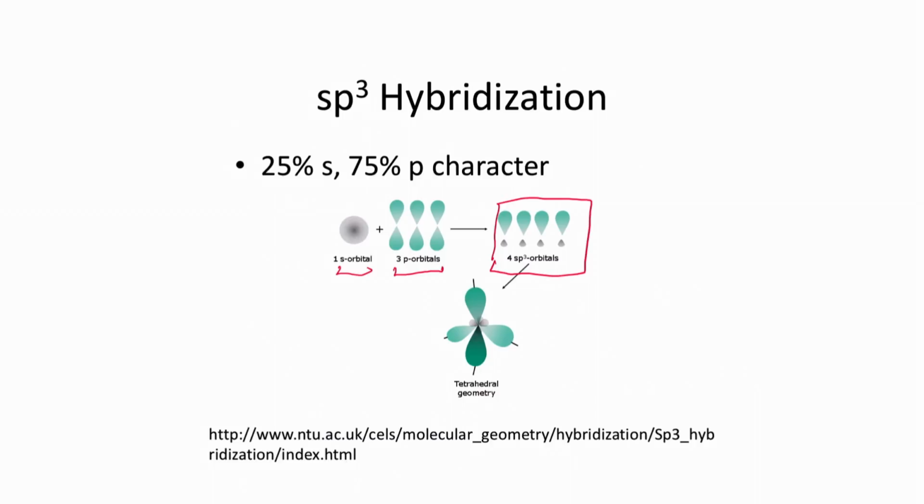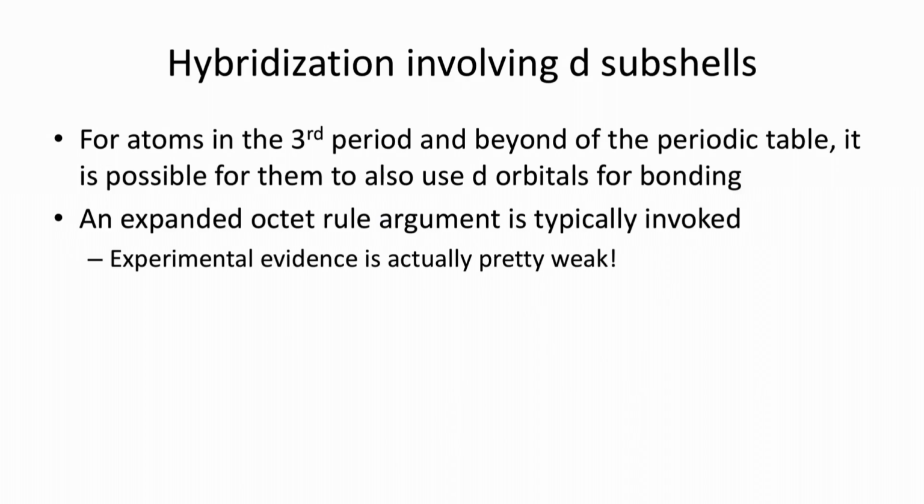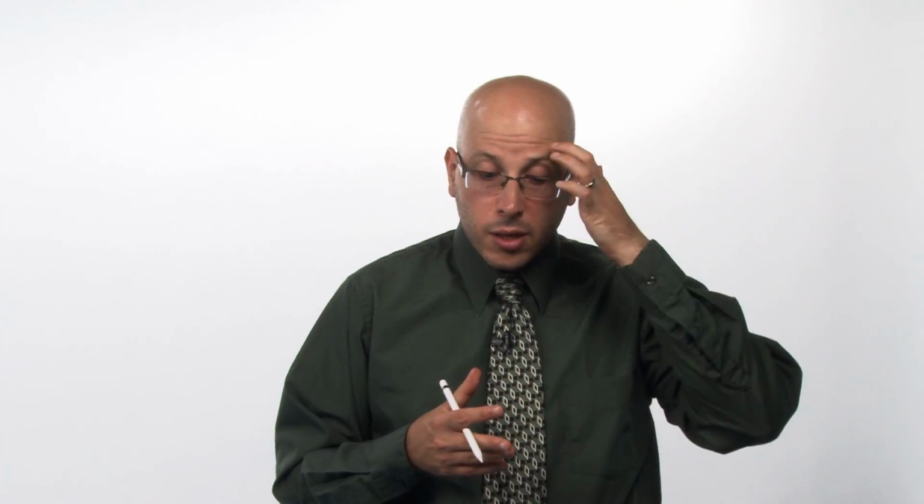Each of these is going to be 1/4 s and 3/4 p. So as far as character goes, that's how they are. And since I have to arrange these 4 things to be equidistant in space, this is going to have to adopt a tetrahedral geometry.